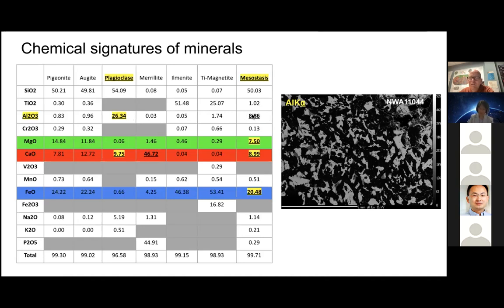Mesostasis is essentially a fine-grained intergrowth of the last minerals that crystallize within the rock, right as the last bit of liquid has cooled. We can see the distinction based on concentration between the plagioclase feldspar and the mesostasis. The plagioclase is composed of much brighter pixels, whereas the mesostasis typically occurs in contact with the plagioclase as these areas of darker pixels.